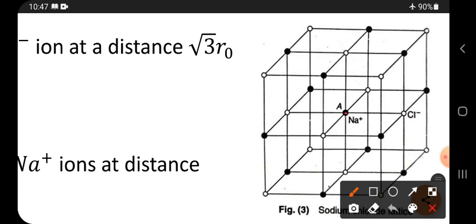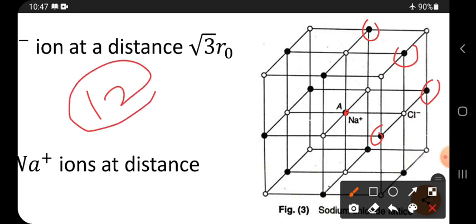So this is a sodium. From this sodium, here one sodium is there, here another sodium, and here another sodium. So how many sodiums are there? 12 sodiums, at what distance? At root 2 r naught distance they have to be present.